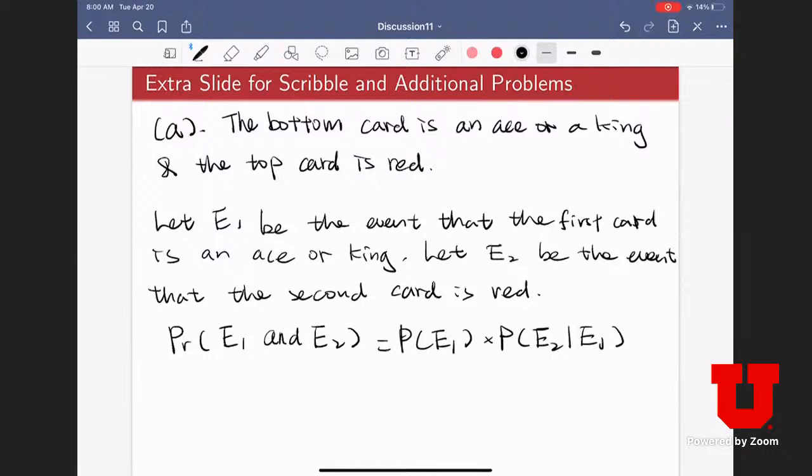Because E1 is our first card and E2 is our second card, so the probability that the second card is red depends on what card you dealt as the first card.